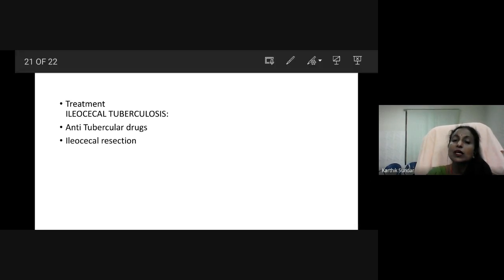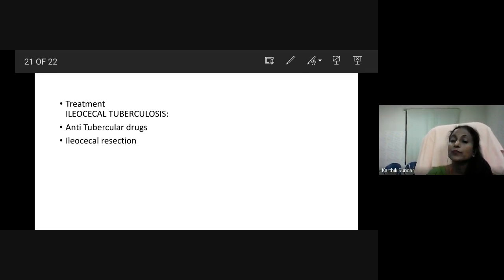If you're not going to operate, if it is inoperable, if there are a lot of adhesions that you're not able to negotiate or manipulate anything, then you take a biopsy. If you're not able to do a definitive procedure, you take a biopsy and then, having known the biopsy result, you go for antituberculous treatment. Sometimes even a malignancy can mimic this.